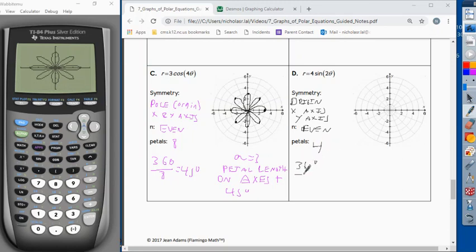360 divided by 4 is equal to 90. So our A value is 4, and our petal length is going to be 2 theta equals 90. Theta is equal to 45 degrees.